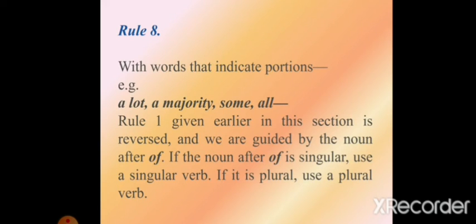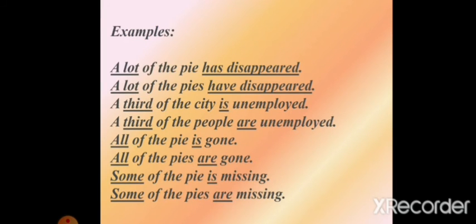So again, you have to follow rule number 1. "A lot of pie has disappeared." What is the noun following of? As we learned earlier, pie is singular, so definitely you will write has disappeared. Then the next one, "A lot of pies have disappeared."